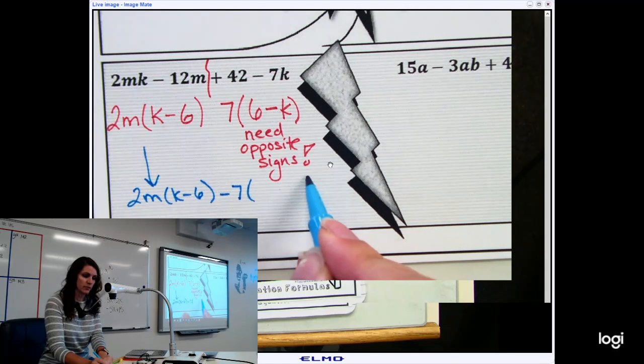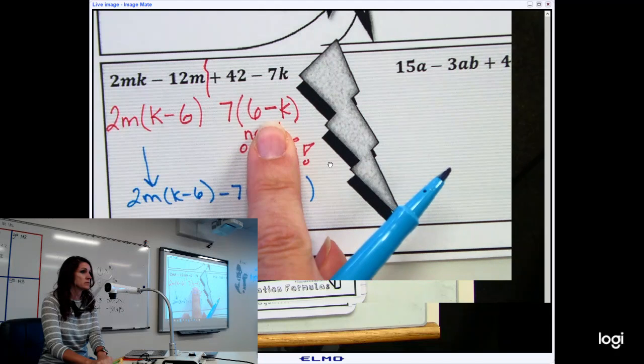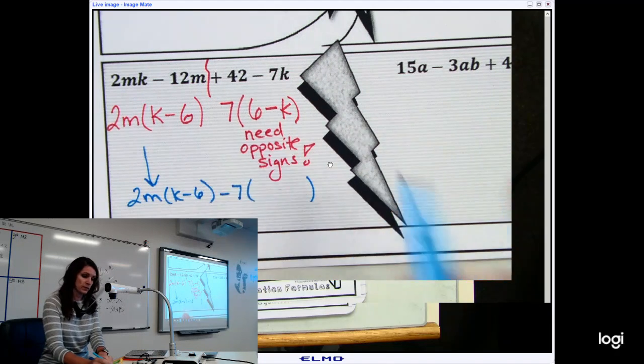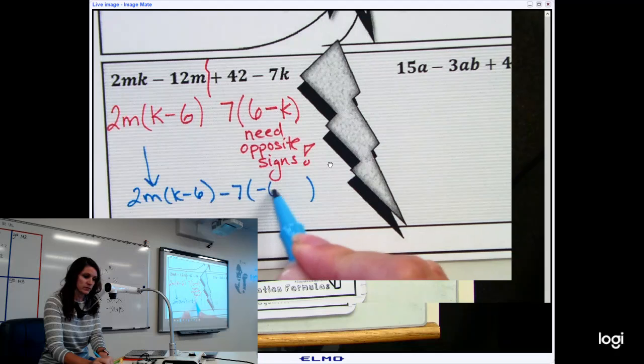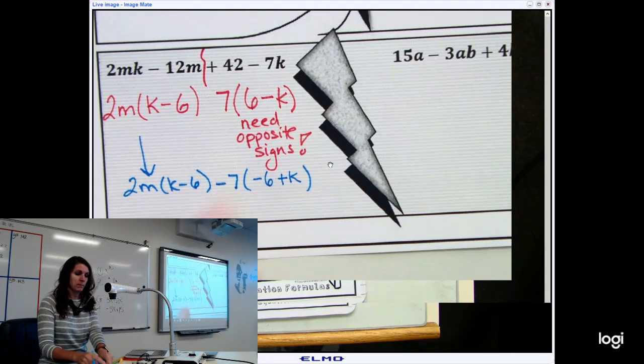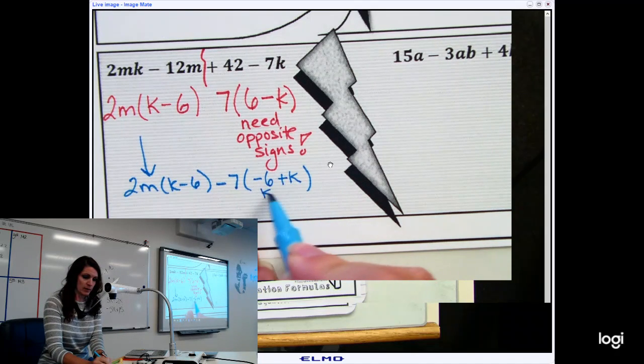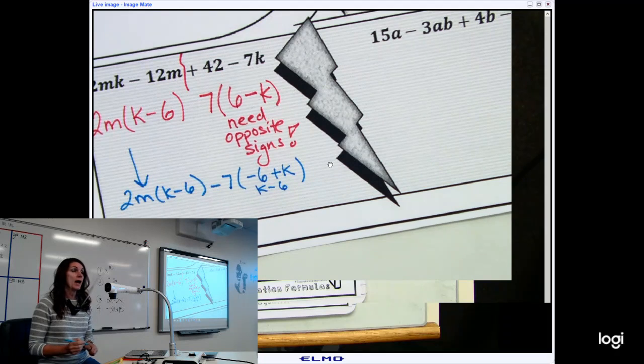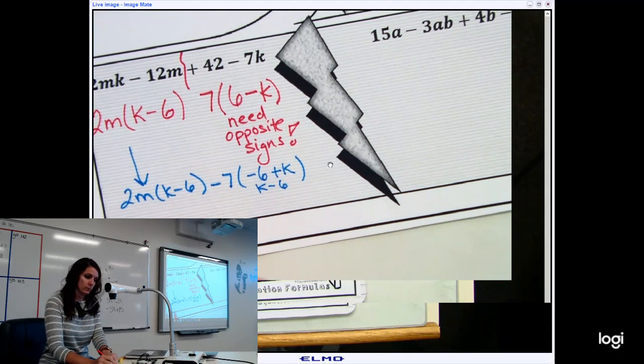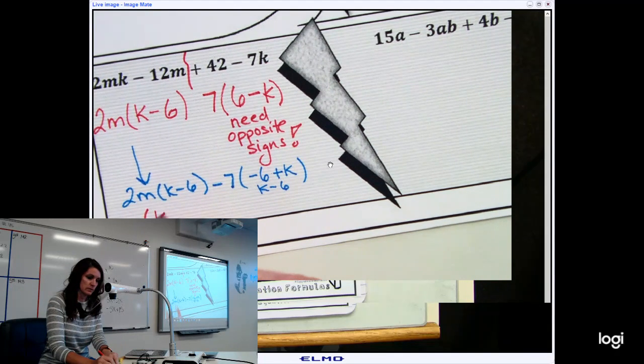Changing that sign out front does what to everything in the parentheses? Changes those signs. So now I have a negative 6 plus K. Megan, can I flip-flop those now and they have the right signs? So I could rewrite that as K minus 6. So do I have a common factor now? The right signs, the right order. My common factor is K minus 6, times 2M minus 7.